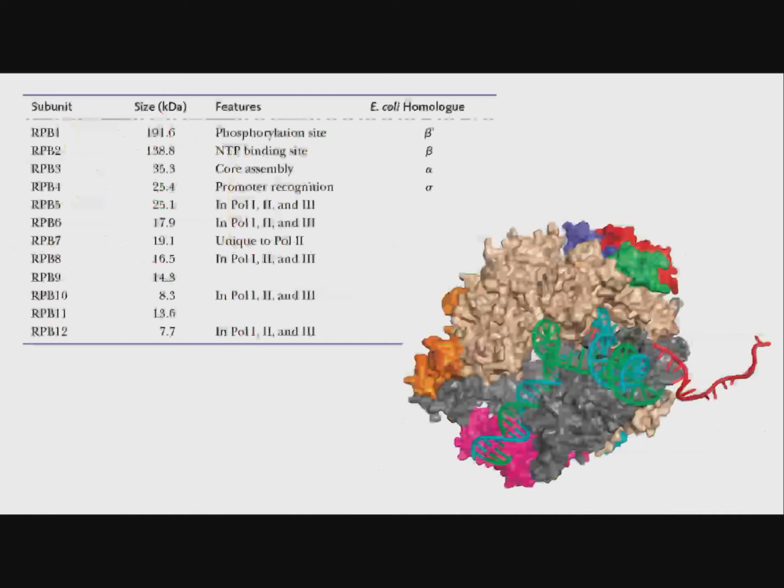Okay, let's talk a little bit about transcription in eukaryotes. So each of the RNA polymerases in eukaryotes transcribes a different set of genes and recognizes a different set of promoters. So there's RNA polymerase 1 that's found in the nucleolus and in synthesizing precursors of most ribosomal RNAs.